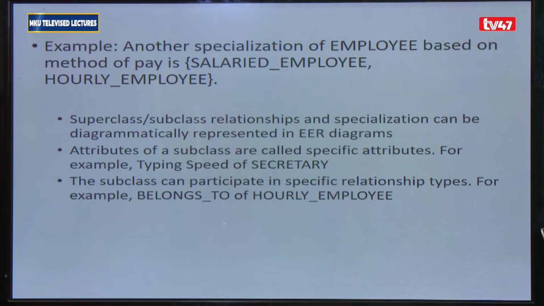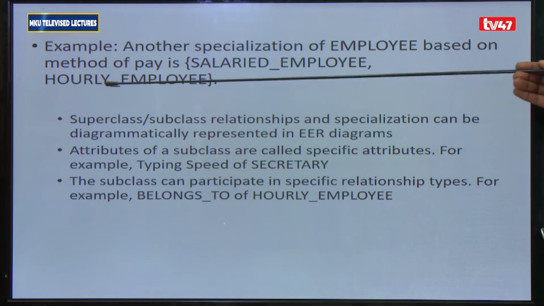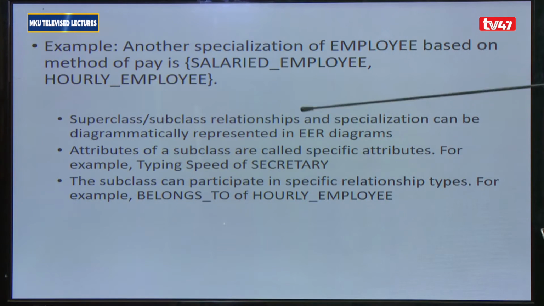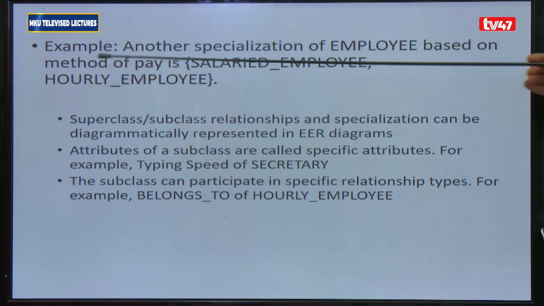What makes them different? A salaried employee would have a grade, and they are not paid based on the number of hours worked. Whereas in this particular scenario, an hourly employee or a part-time employee is paid based on the number of hours worked.